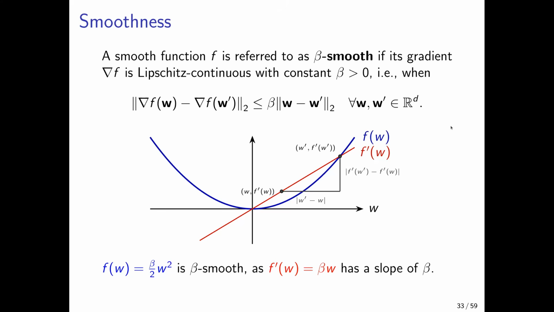As a simple example, which is shown here, you can consider a quadratic function f, let's say beta half times w squared. If we compute the derivative of it, this is just beta times w. It is linear, it has a slope of beta, and therefore it is beta Lipschitz continuous. And so the function f in this case is beta smooth.